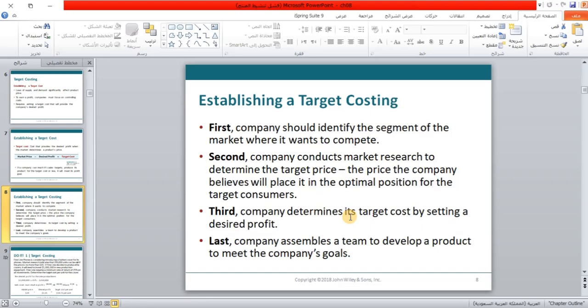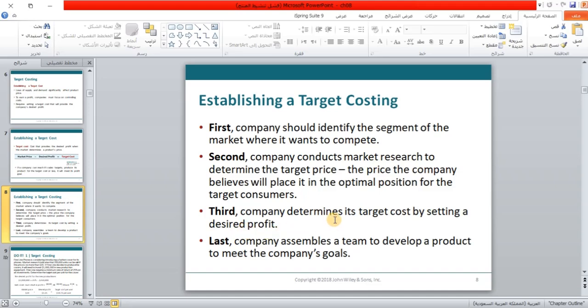Establishing target costing. First, the company should identify the segment of the market where it wants to compete. Second, the company conducts market research to determine the targeted price, the price the company believes will place it in the optimal position for the target customer.